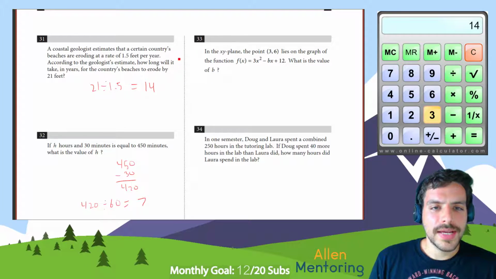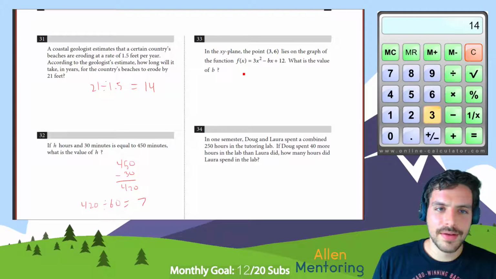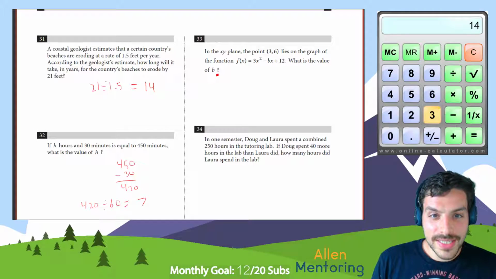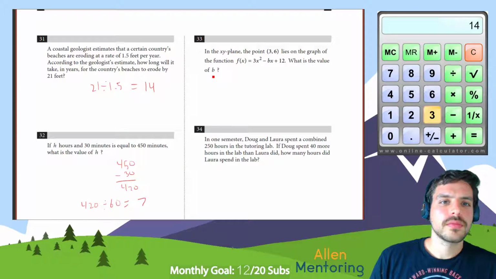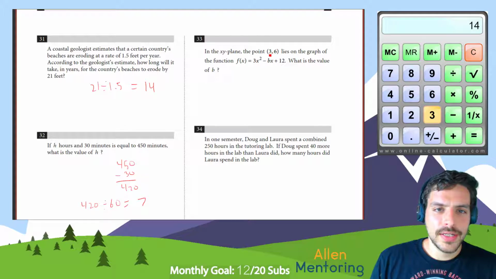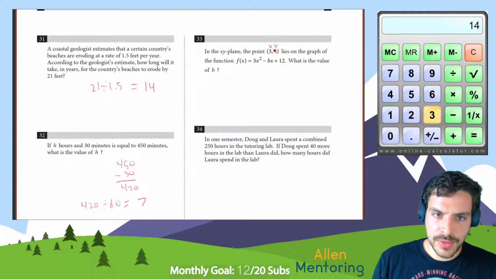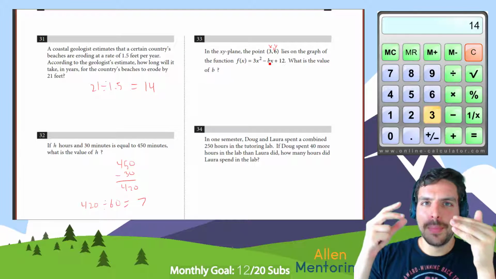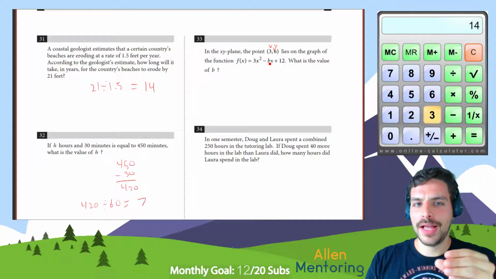33. In the xy plane, the point (3, 6) lies on the graph of the function 3x squared minus bx plus 12. What is the value of b? They're very kind to give us an x and a y coordinate. Whenever you see an x and a y coordinate and an equation, think, how can I plug in these x and y values?